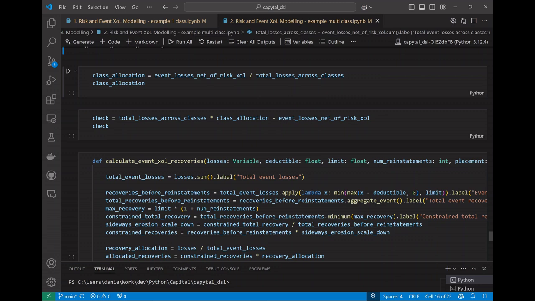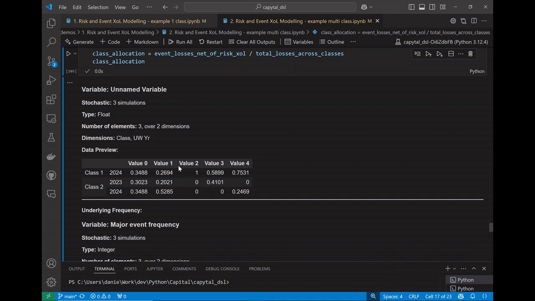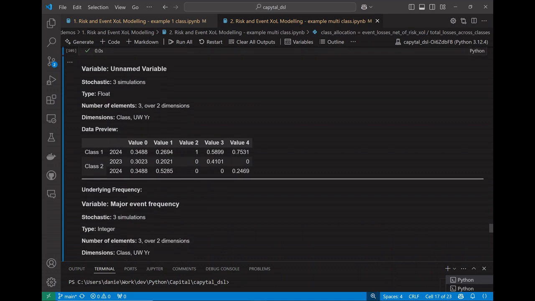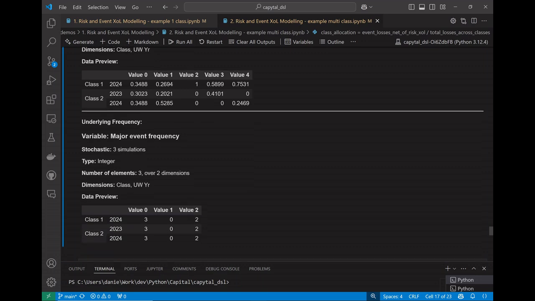So we're going to need some kind of allocation mechanism, and a good one is to look at the total gross loss for the event and the ratio of each class year's contribution to that. So here the numerator has got the classes and years still intact. The denominator is the aggregate across all of those. And that's a good kind of ratio to use to allocate. So if we look at these allocation proportions, something like that is what we could use to allocate out the recoveries back to class and year.